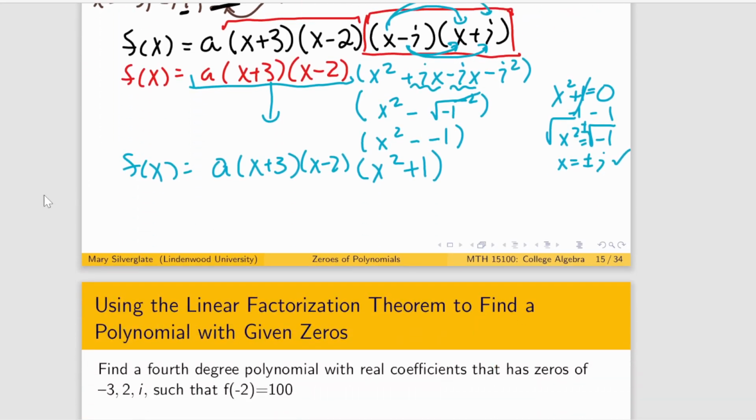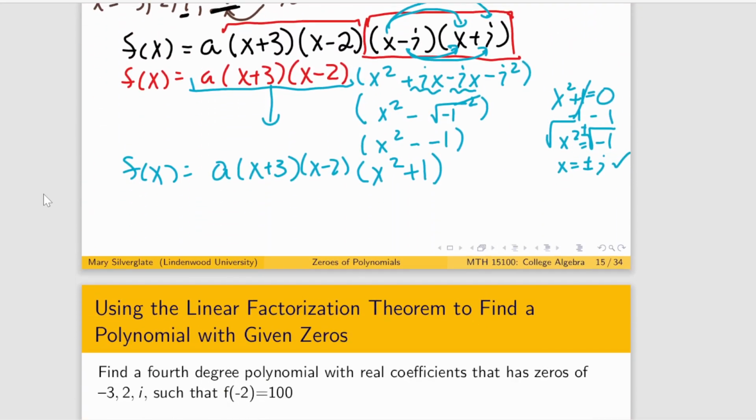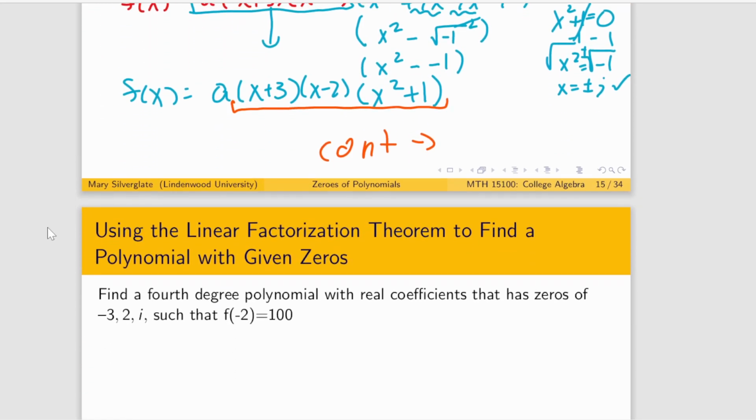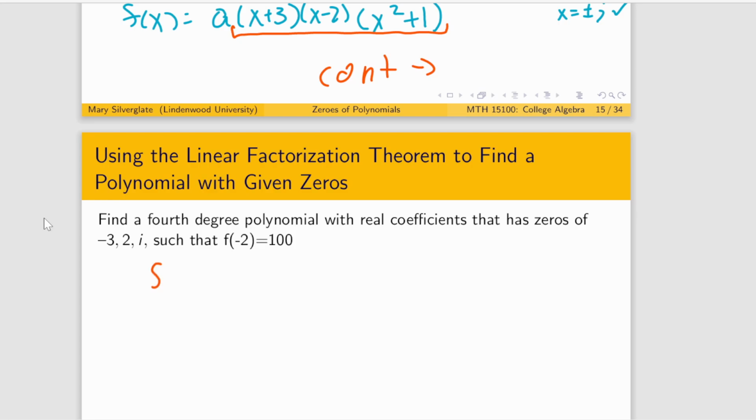So I've now written most of my polynomial, and this is actually why I gave you more room. Because if I did not give you a specific point, and I just said write a polynomial such that this is true, you would have all these parentheses, make a equal 1, and call it a day. But we have more information, because we also know that f of negative 2 is equal to 100, so I can actually plug in negative 2 for all these x's.